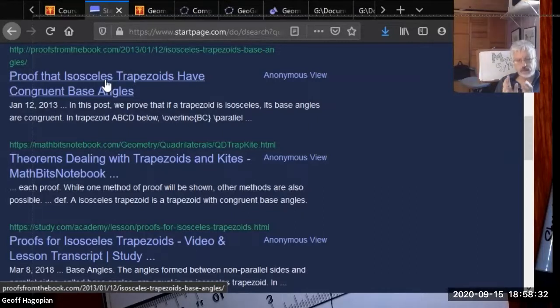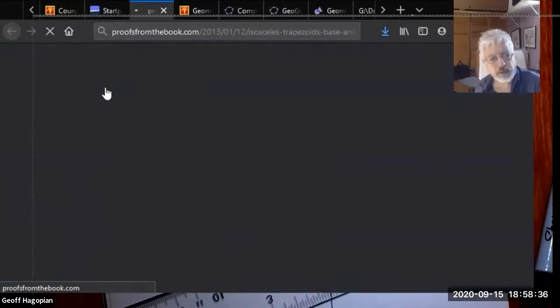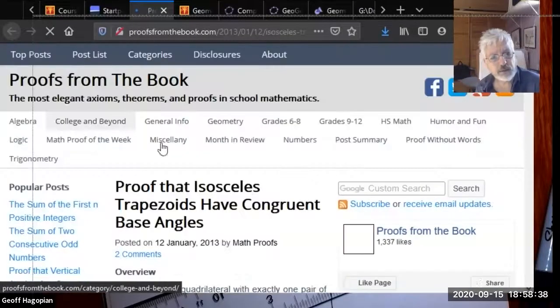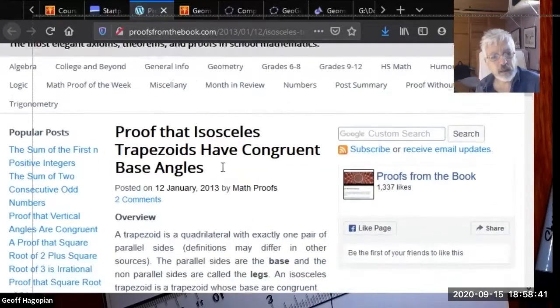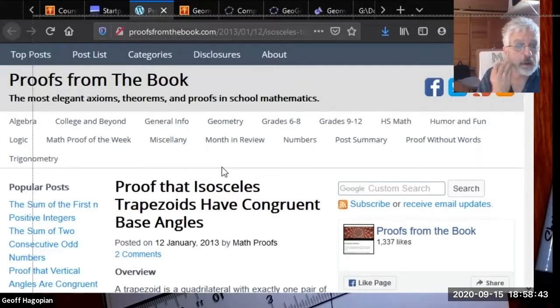Then that's the proof that goes in the book, right? Because oftentimes you have competing proofs, and some are more complicated than others. Okay, and this is Proofs from the Book. It's a website, and it's the year 2003.